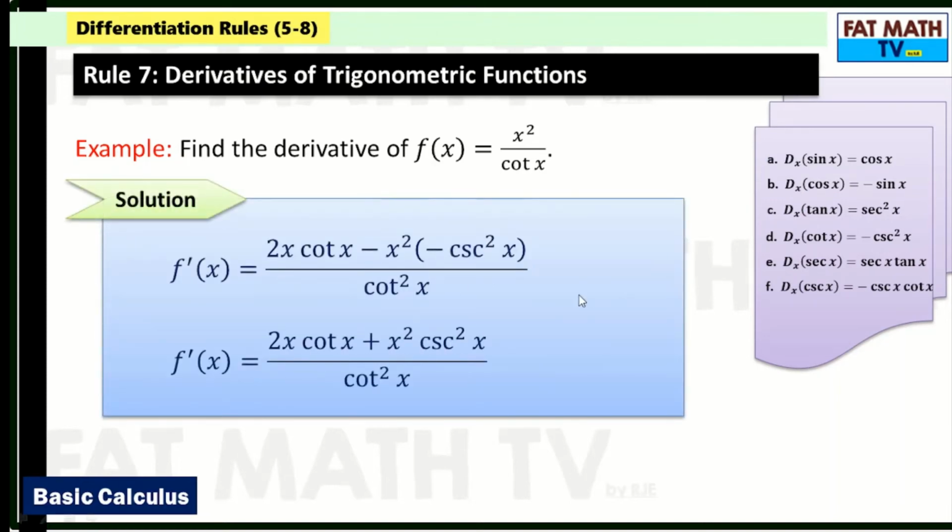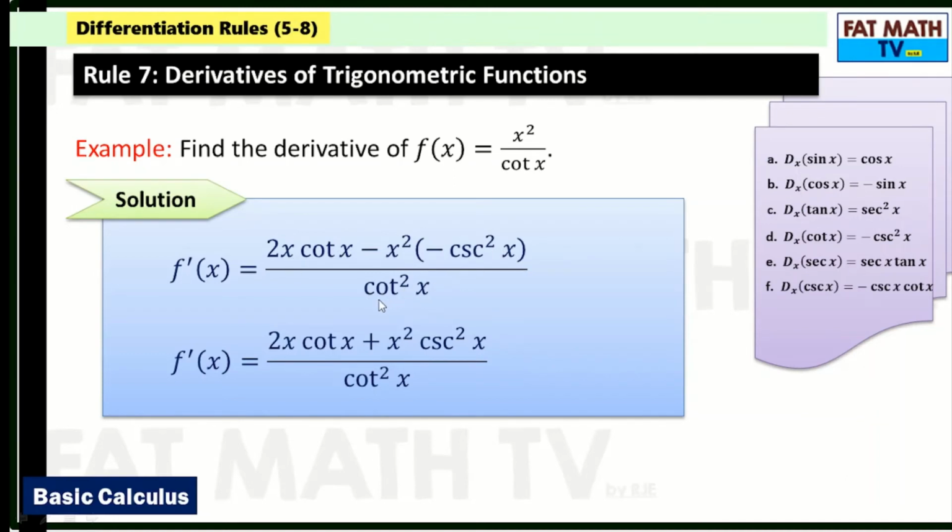So the quotient rule states that the derivative of a quotient is derivative of the numerator, 2x, times the denominator, cotangent x, minus numerator times derivative of the denominator. And the derivative of cotangent x is negative cosecant squared x. That's why we have this. Over the square of the denominator.